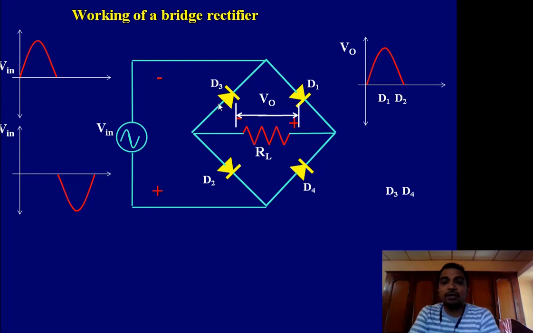Positive is connected to D3 also, so D3 and D4 will be forward biased. This positive potential is applied to D2, which is reverse biased. So D1 and D2 will be reverse biased, and D3 and D4 forward biased. Current is flowing like this. This is the path the current will flow.